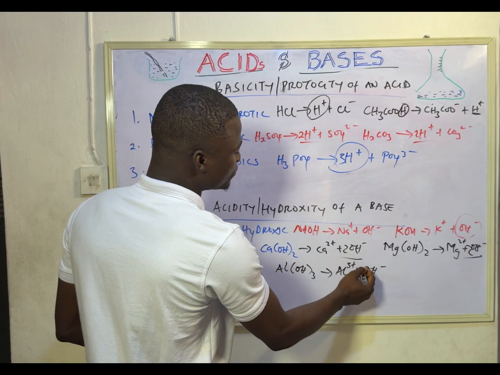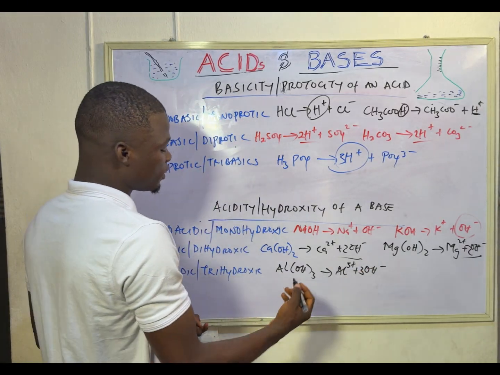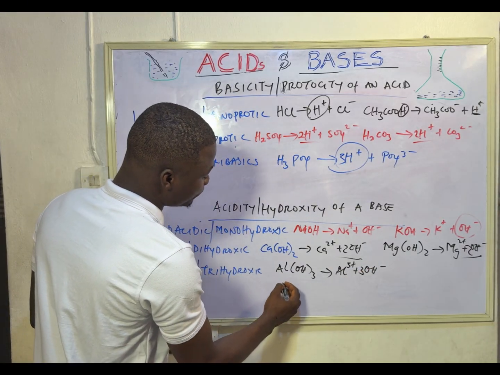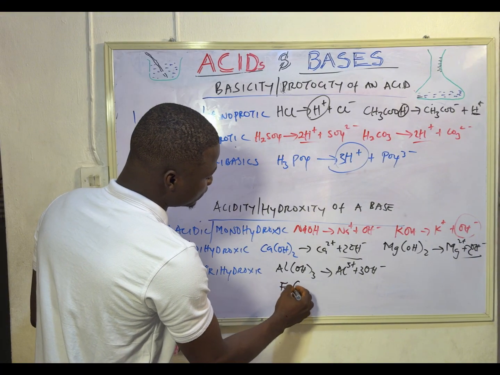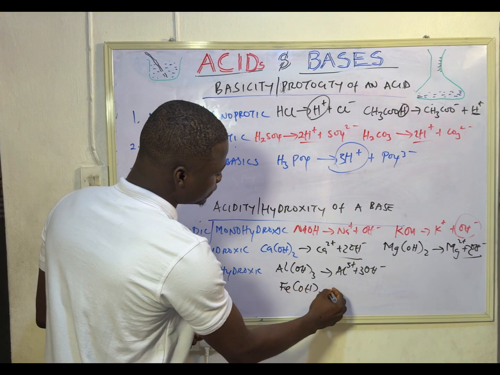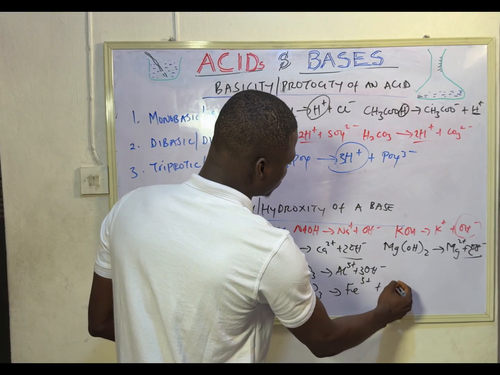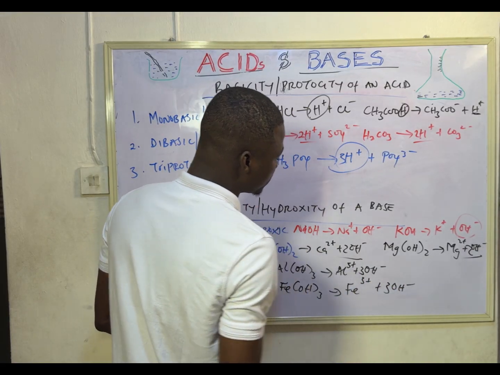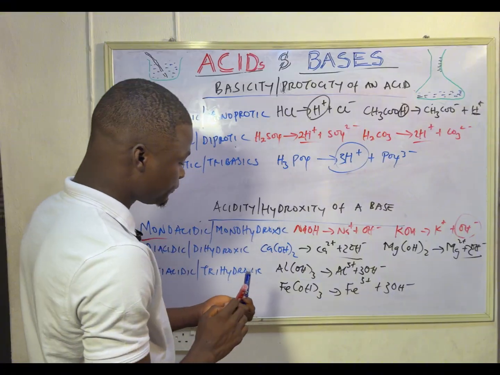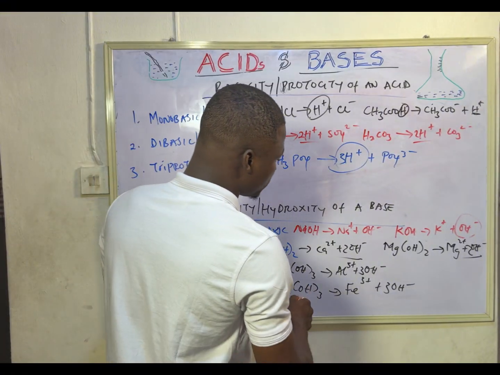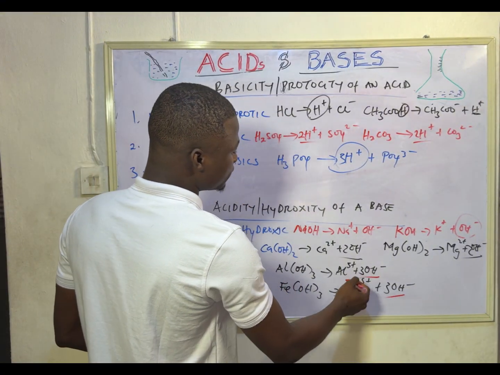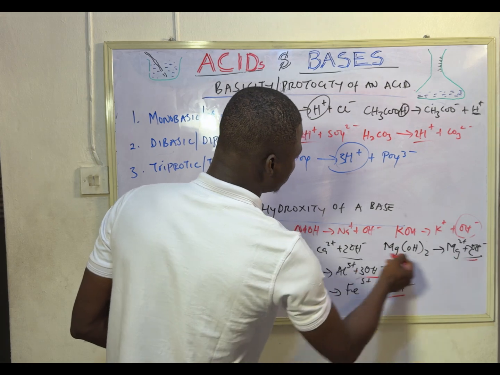To cancel this out, we have to put 3. Another example is iron III hydroxide: Fe3 plus plus OH minus. We have to put 3. So these are trihydroxic. These are di. While these are mono.